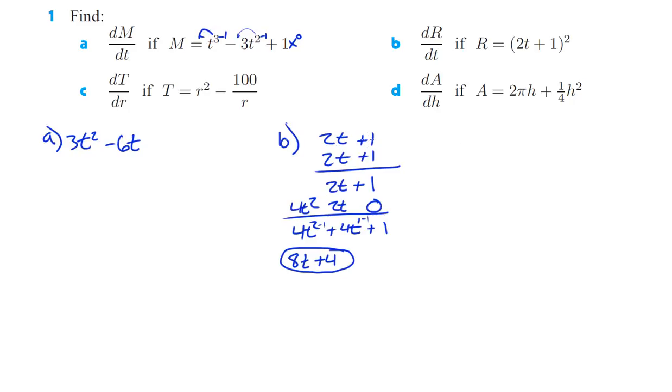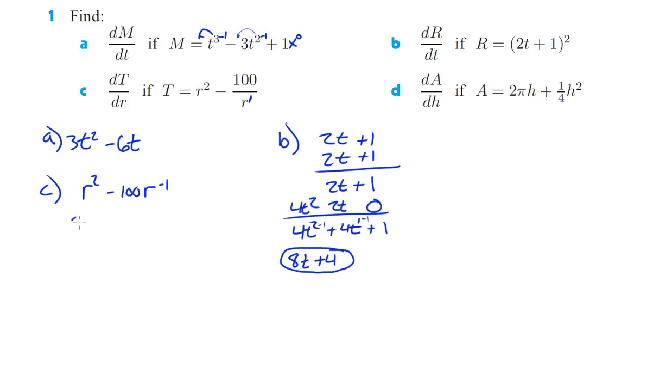All right. Let's try C. We've got the r down below, so let's move it up top. So we're going to have r squared minus 100. Since it's on the bottom and it's positive 1, we move it to the top and it turns into negative.